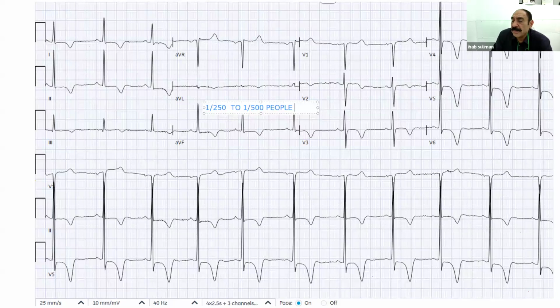Some people might not be diagnosed. Some people may be diagnosed after they lose their loving close relatives. So it is important to remember hypertrophic cardiomyopathy with such ECG appearance when a patient presents with sudden cardiac death or aborted cardiac death.